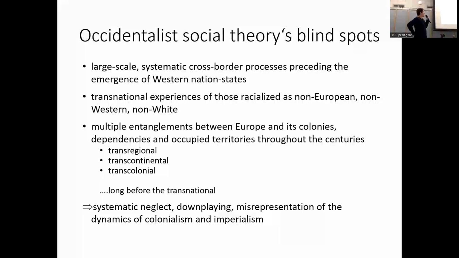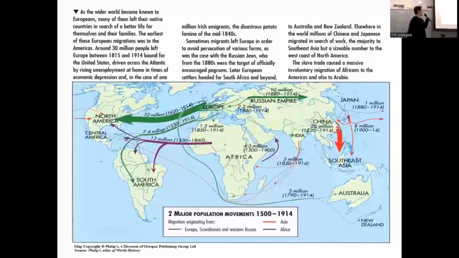If we look at the kind of blind spots produced by such Occidentalist social theory, we must understand it as an Occidentalist one that has disregarded large-scale systematic cross-border processes preceding the emergence of Western nation states, because a lot of what is being described here cannot be adequately conceptualized as transnational migration, because it was happening before there were nation states anywhere in Europe, in Africa, in the Americas.